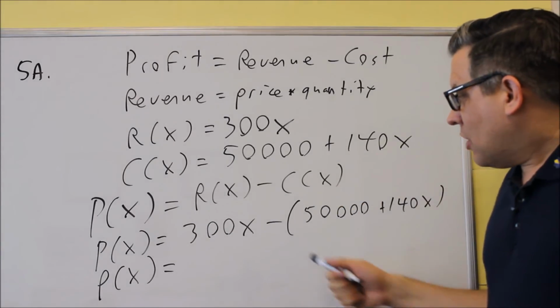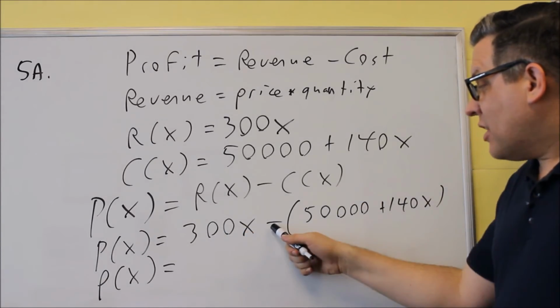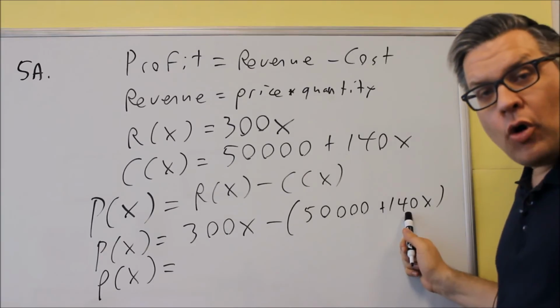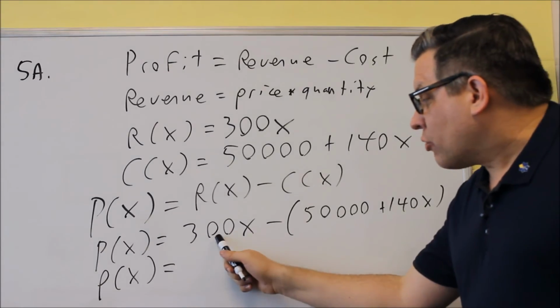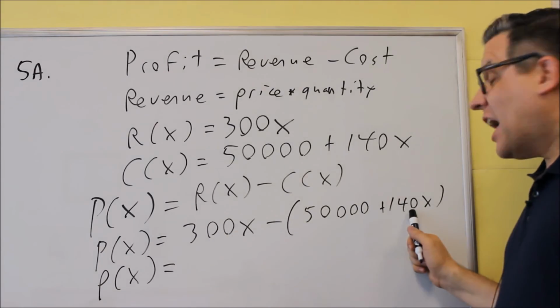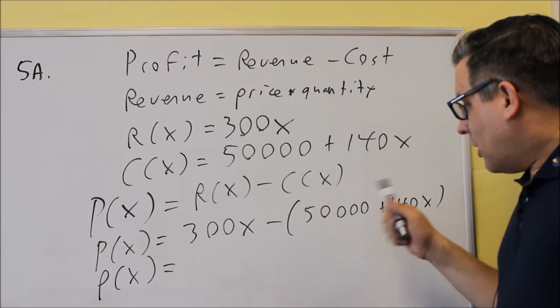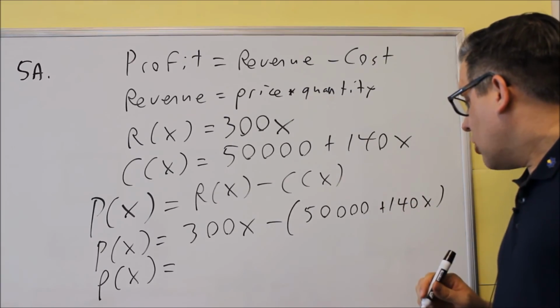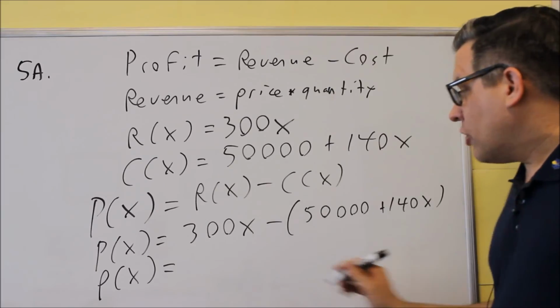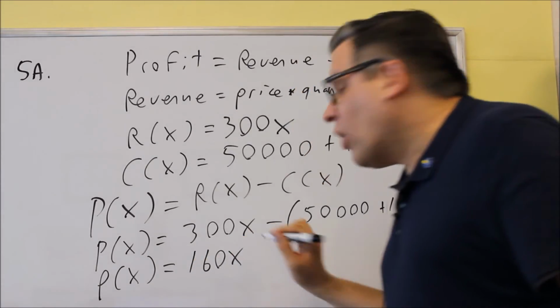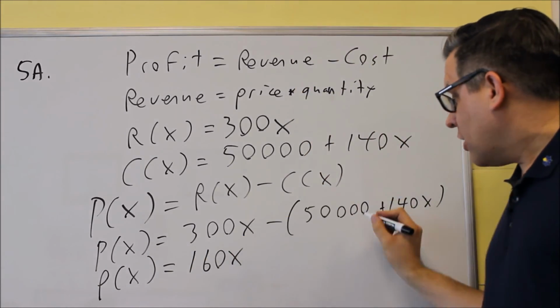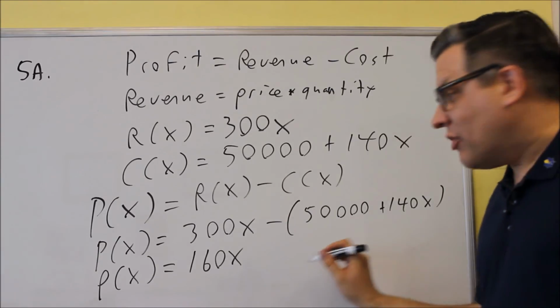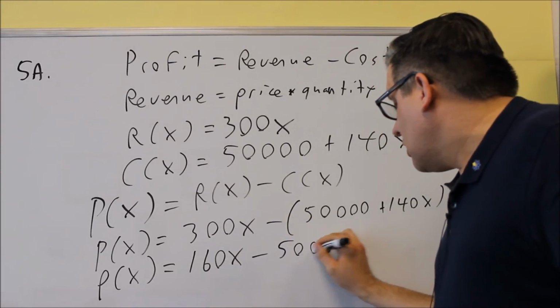So for this, when we set this up, the negative actually applies to both of these. So we're going to take 300, we got to do minus 140 because we have some like terms there. And so then it's going to be 160x by subtracting that. The negative also applies to the 50,000, so we have minus 50,000.